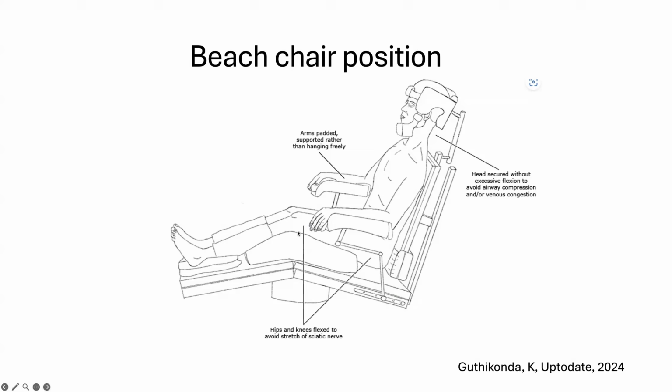The important thing with the hips and the knees is to avoid stretching the sciatic nerve. We also put some padding underneath the ankles to avoid pressure sores. The head must be secured and avoid excessive flexion, which may lead to airway compression, venous congestion, and even airway edema.